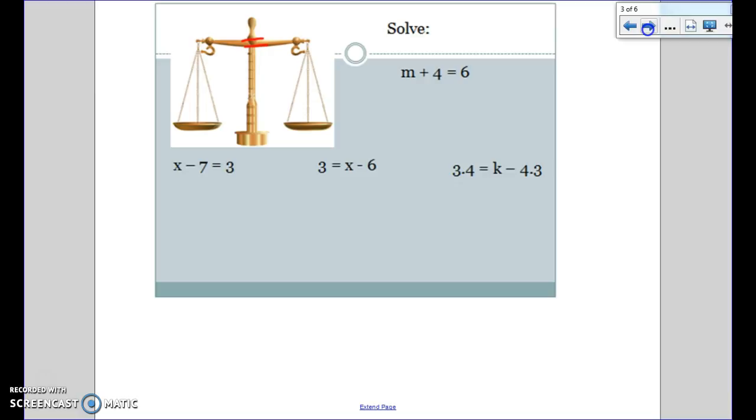The first thing I'm going to do, almost similarly to a balance, is draw a line right through the equal sign, and that's going to separate either side of my equation. I know that on the balance, if I had 1 unknown over here and 3 over here, my unknown was worth 3.